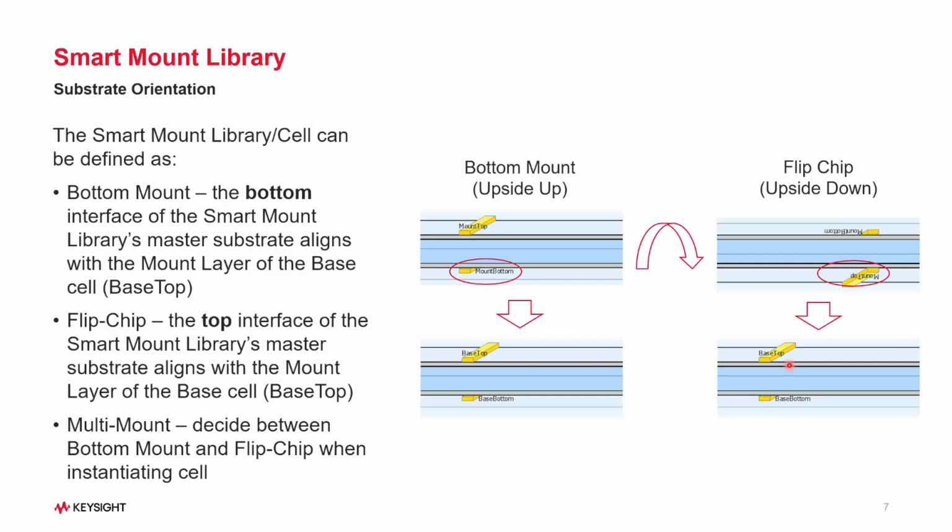Now there is a general option which is multi-mount, and selecting this option at the library level will allow you to decide between bottom mount and flip chip orientation when each cell is instantiated.